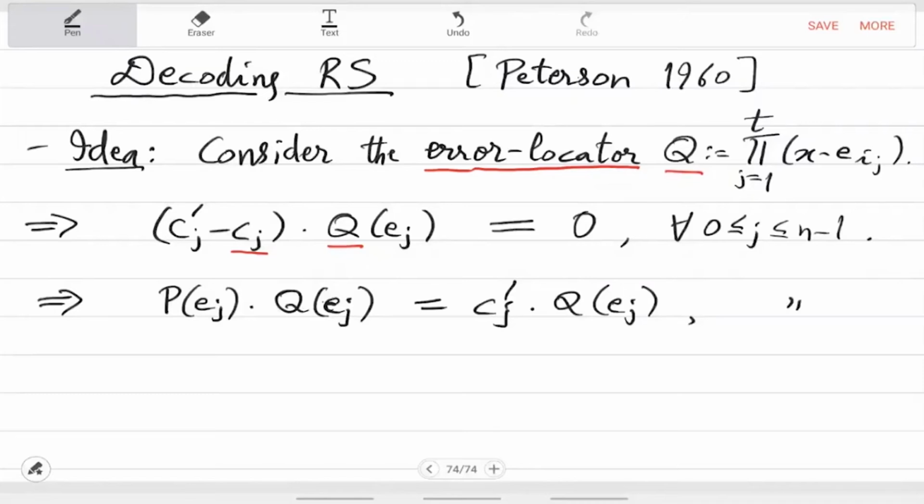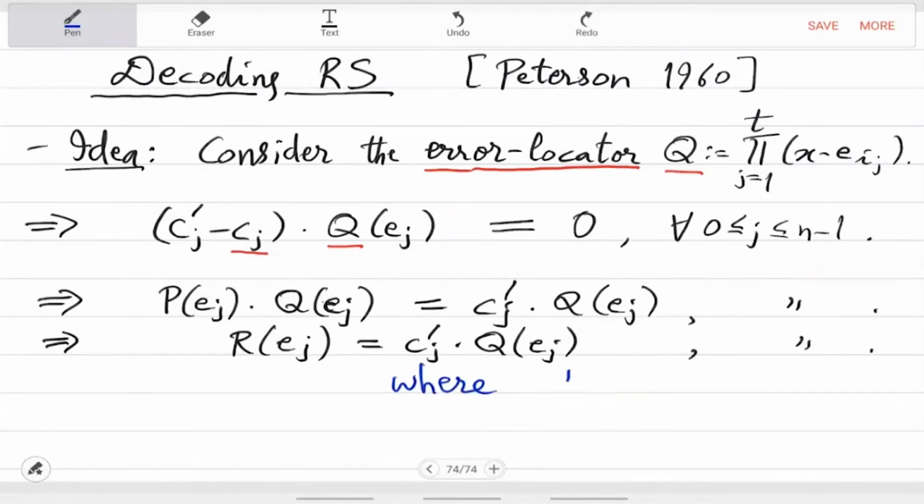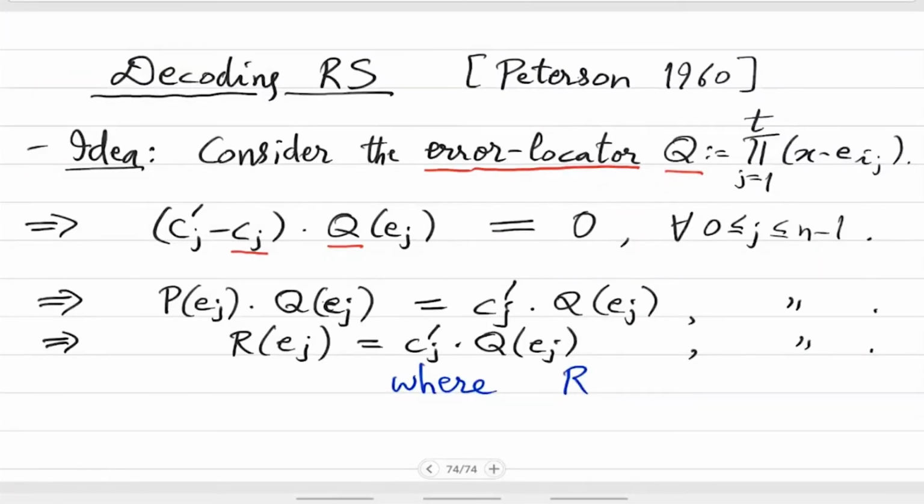And let us define P times Q to be R. So R is the product polynomial.